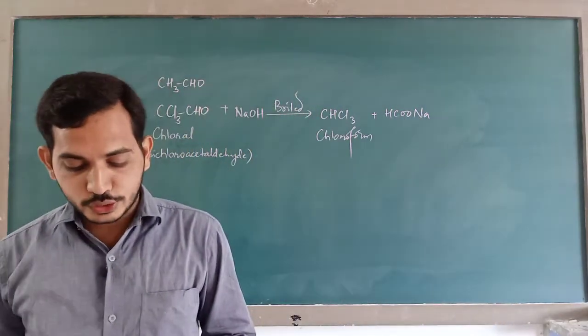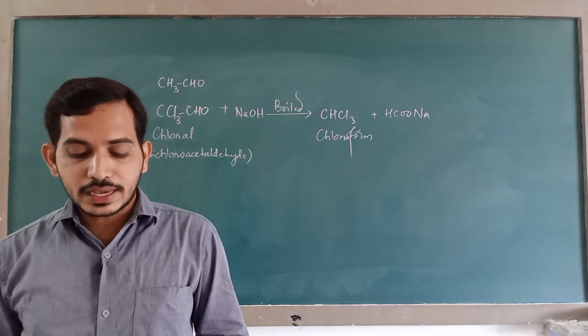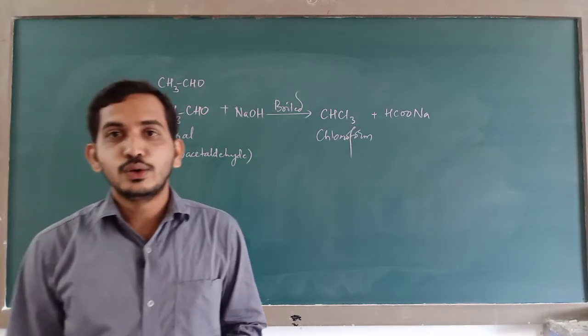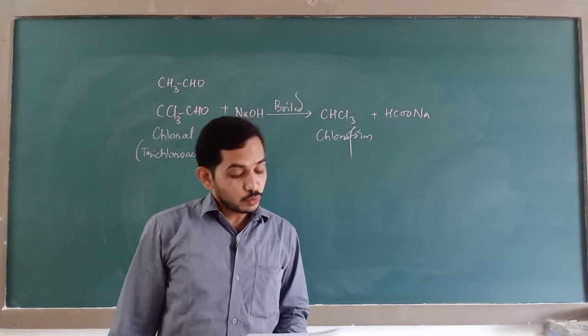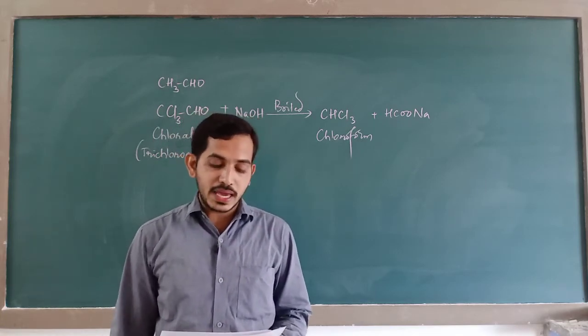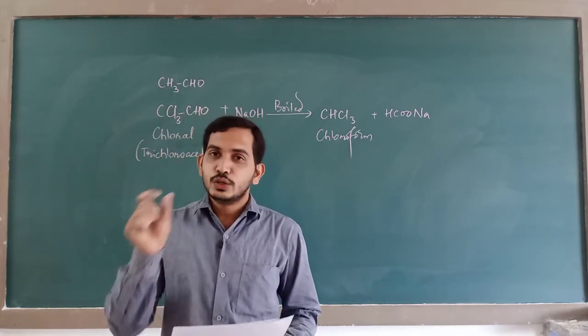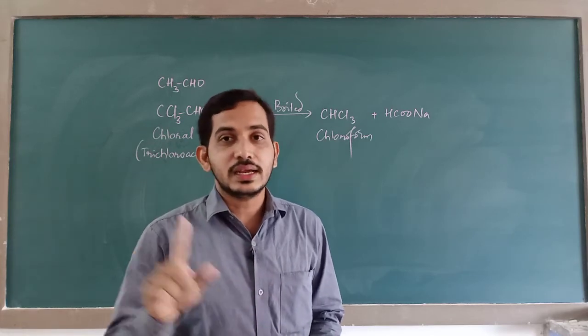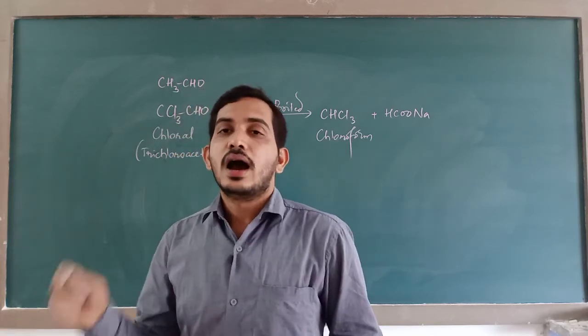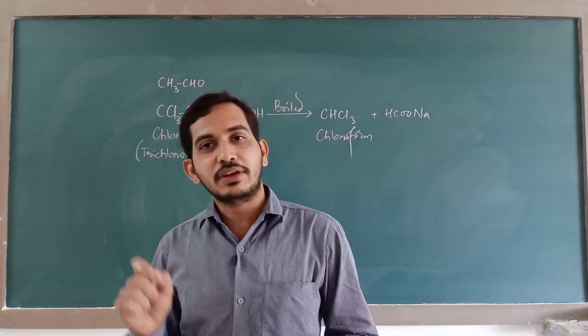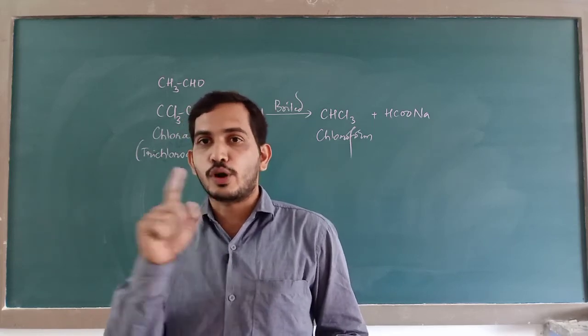Then 8th question. C6H5Cl, that stands for chlorobenzene. So chlorobenzene is prepared by aniline with, means you are going to prepare chlorobenzene and your starting product is aniline. How do you prepare chlorobenzene from aniline? Given 4 options.